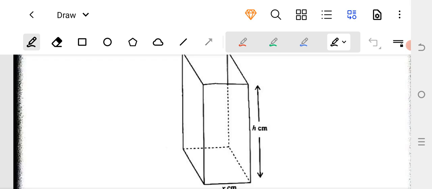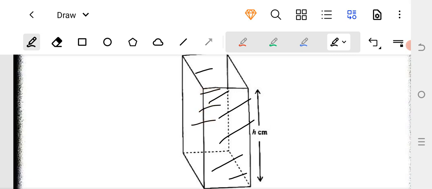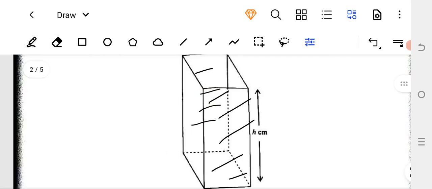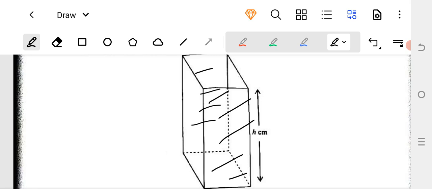It means that we are also finding the area of the face behind, which is that one there.